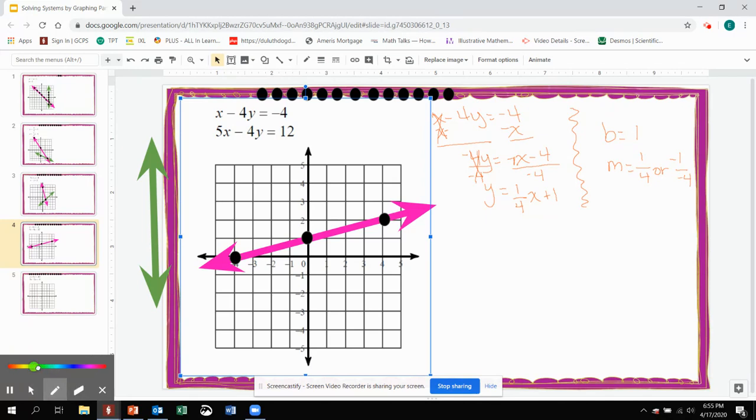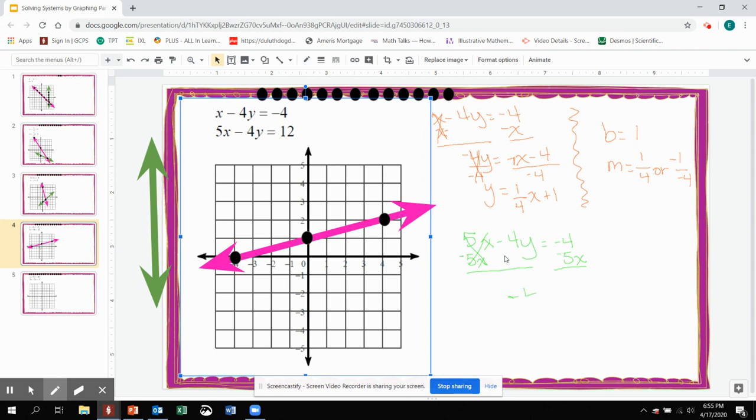So for this next problem, we have 5x minus 4y equals -4. Again, I need to get y by itself. So I'm going to get rid of the 5x first by subtracting 5x from both sides. 5x minus 5x will cancel, and I'm not left with 4y here.